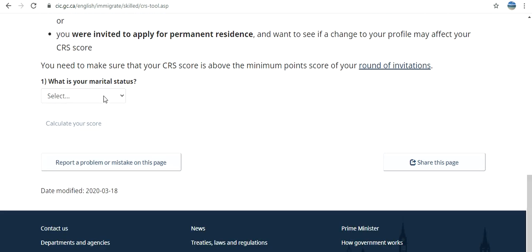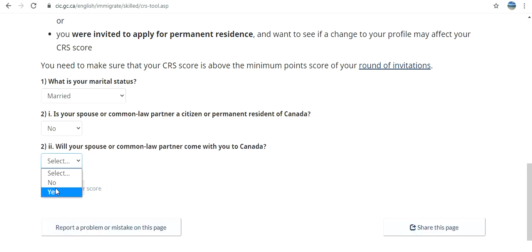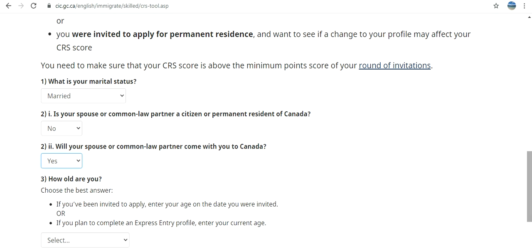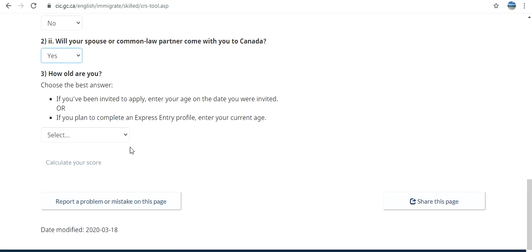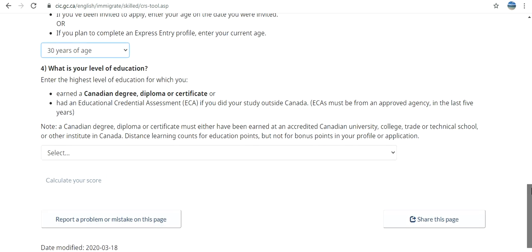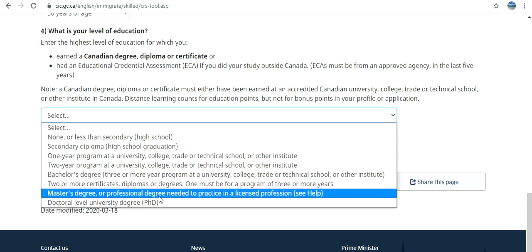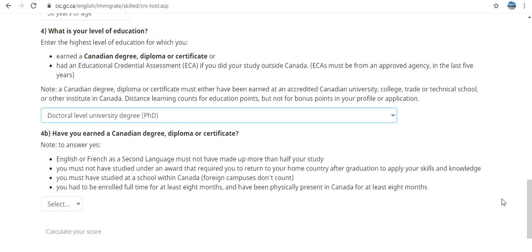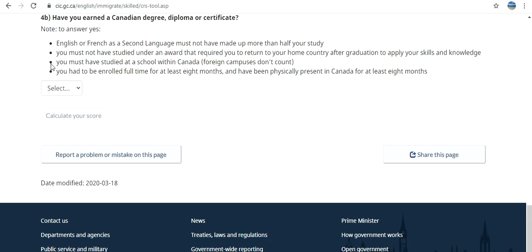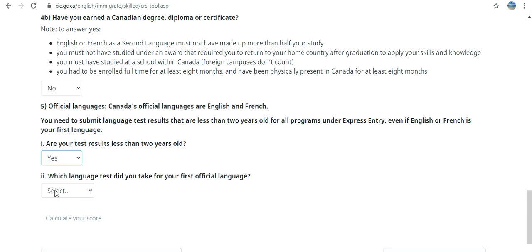What is your marital status? She is married. How old are you? Let's say she is 30. What is your level of education? She has done a PhD. Have you earned a Canadian degree, diploma or certificate? No. English? Yes, she has taken the test.